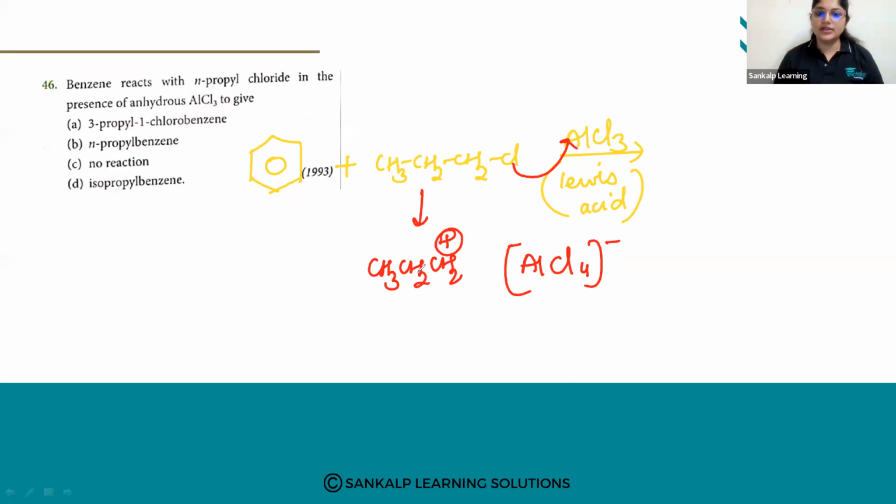Now what will happen here? This will undergo a rearrangement. How will it undergo rearrangement? There will be a shift of this particular hydrogen.